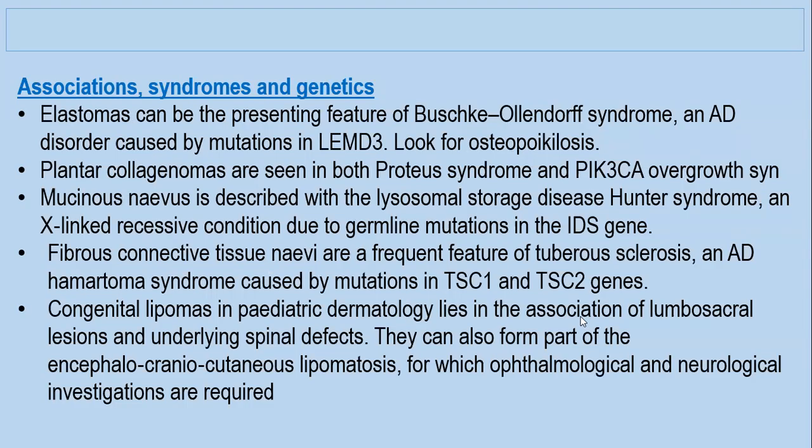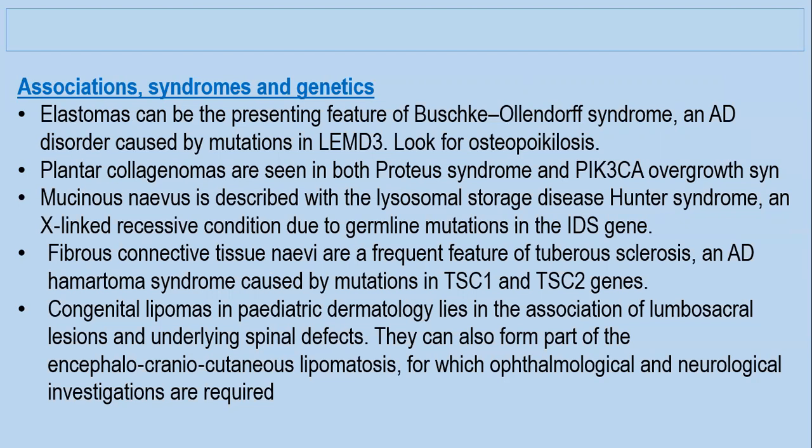Association, syndromes, and genetics. Elastomas are the presenting feature of Buschke-Ollendorff syndrome, which is an autosomal dominant disorder caused by mutation of the LEMD3 gene. And we have to look for osteopoikilosis. Then plantar collagenomas are seen in Proteus syndrome, and there is PIK3CA overgrowth syndrome.